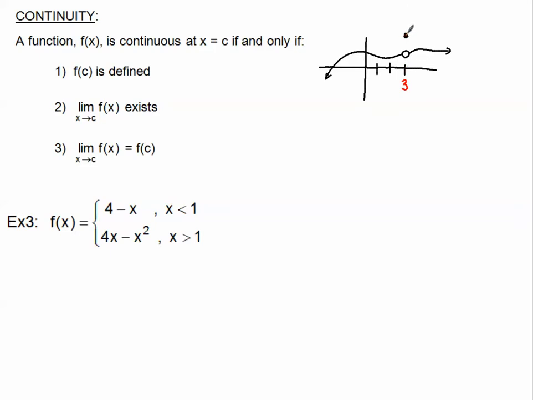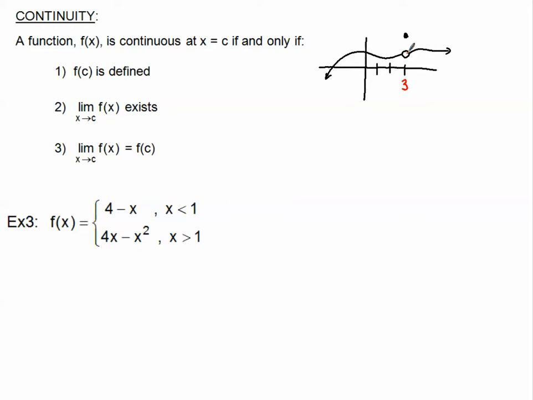We have an output. Part 2, the limit as x approaches 3 of this function must exist, which it does. If we approach 3 from the left side, the value of the function is approaching this hole, and from the right side, the value of this function is approaching this hole. So that limit exists, and it's right here.